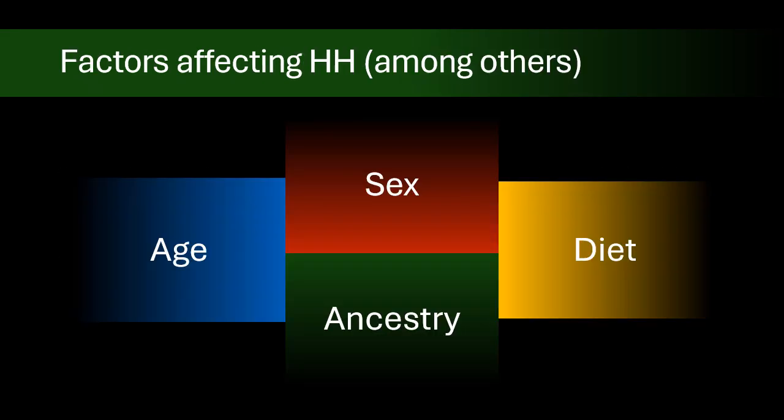Now, haemochromatosis doesn't affect all patients equally, and there are a variety of factors that can affect how quickly the onset or severity of symptoms can be. The four most common of these are age, sex, diet, and ancestry.